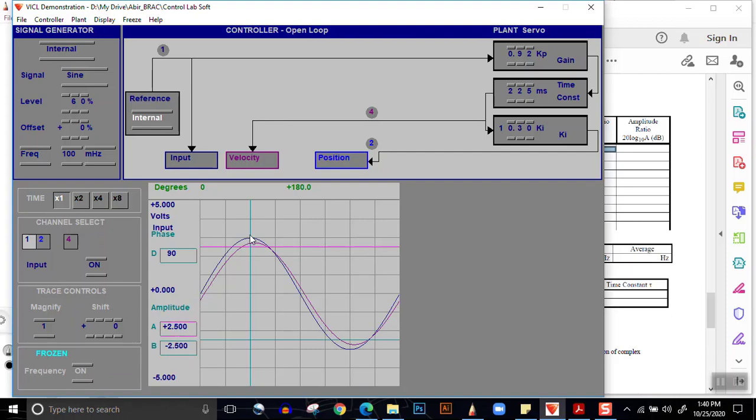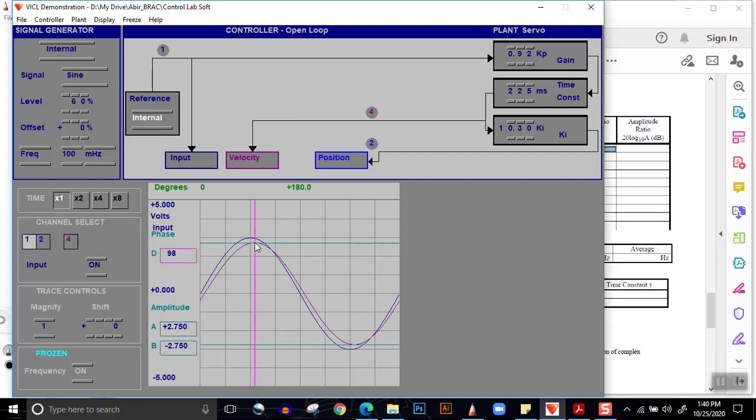At first, we find out the input magnitude, the input span. Input span is 6. Then we'll determine the output span just like in the previous experiment. The output span is 5.5. Then, using this, we find the peak of the second wave, that is the peak of the output wave.